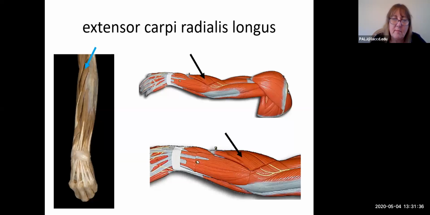So go back and look at that bottom right picture and move just medial to that. So we had brachioradialis, we went medial to the extensor carpi radialis longus. Now we're going to go medial. And you see this little muscle is a little bit shorter. See, it's not coming from all the way up here, but it's a little bit shorter. That's the next muscle we're going to.